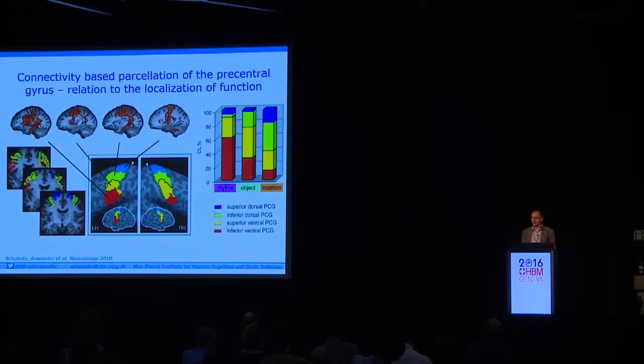And then we have a location task where the people imagine walking to this place, so the foot area is activated. So this nicely corresponds, on the single subject level, to the functional activations which we also get in this area. So this means that this subdivision, which is much finer than the single gyrus, makes sense and should be used for connectomics analysis.